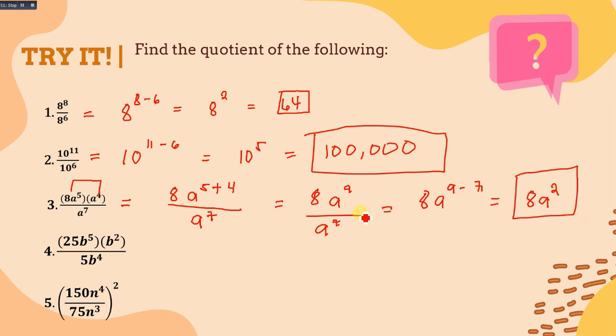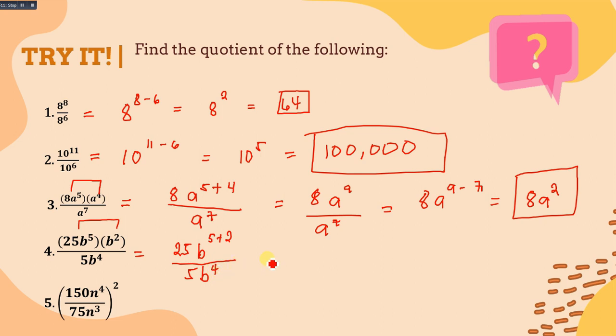Okay? So next example, again we can apply the product rule, wherein we multiply 25b raised to 5 and then b squared. So we have 25b, then 5 plus 2, all over 5b raised to 4.